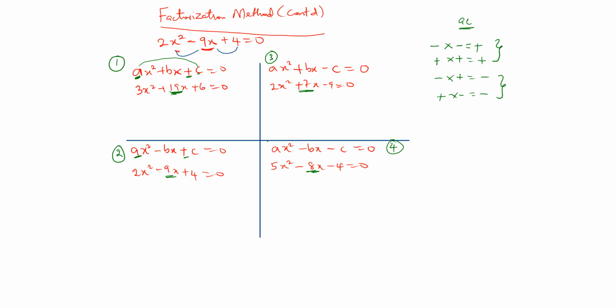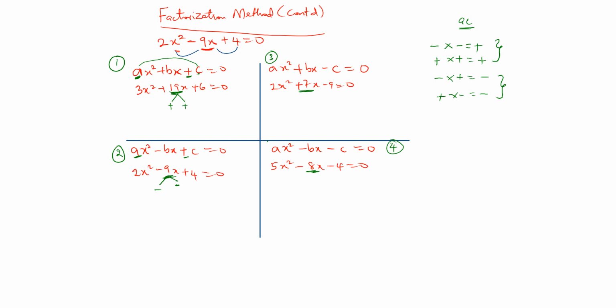For the one where B is negative, what we are going to split it into must be minus and minus. For this one, what we are going to split it into must be plus and plus, so that when you multiply the two, it will still produce a positive AC. The same thing applies for case 1 and case 2.